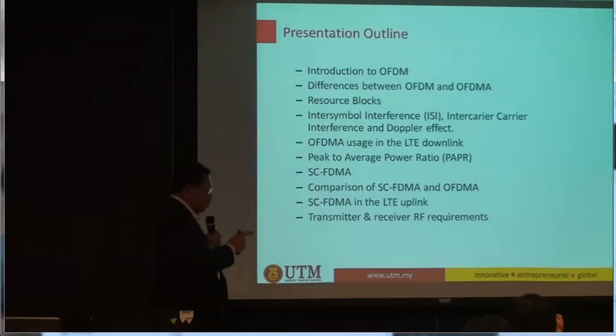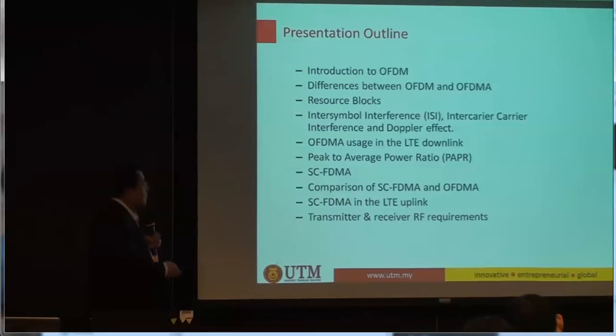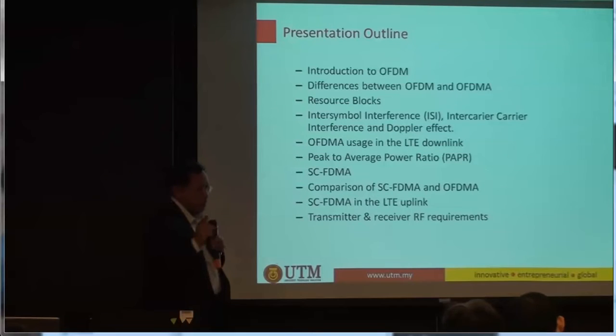Okay, so then we'll look into how that resource block is assigned or how it is divided into different sub-carriers and different symbols. Okay. In OFDM, there are some issues that need to be overcome. First is intersymbol interference, because when you transmit, there will be some overlapping because of the delay. And to overcome those things, that's why in OFDM they use narrowband.